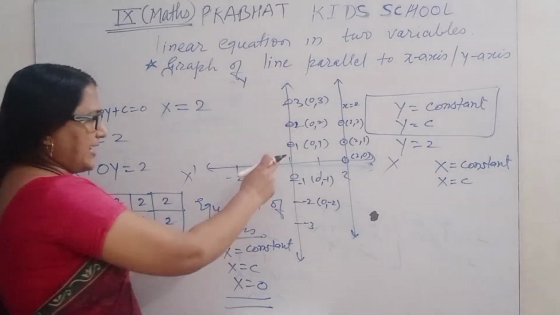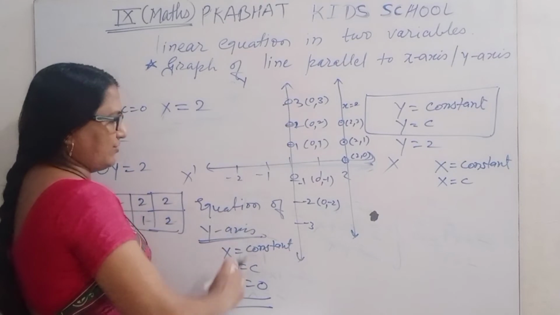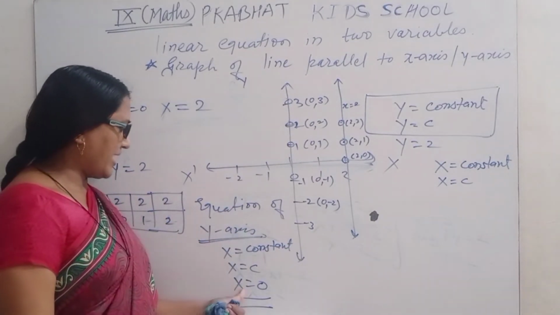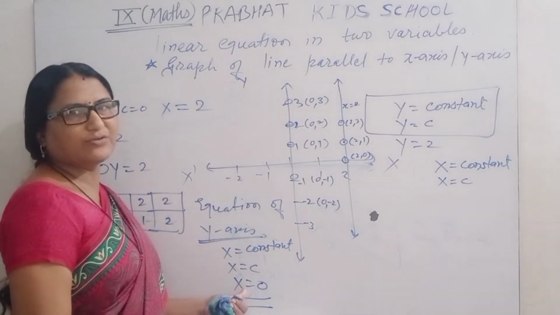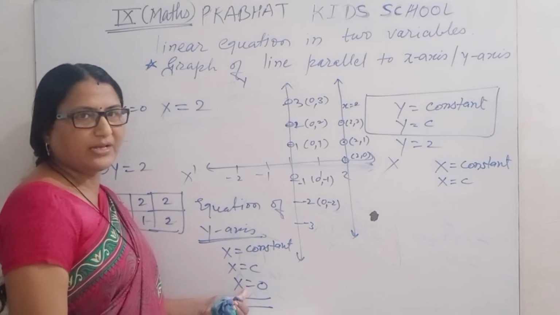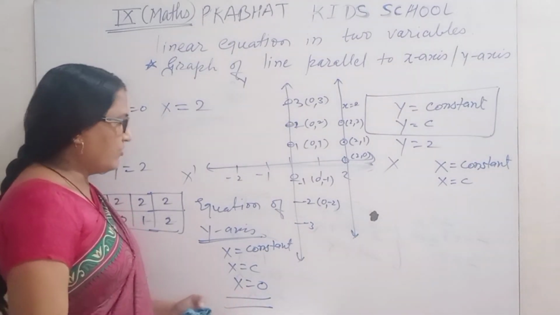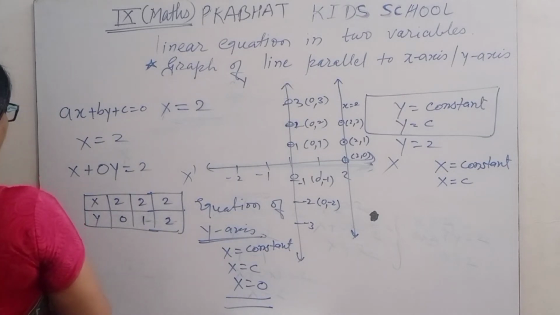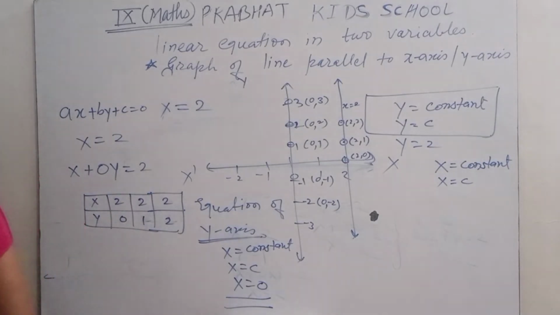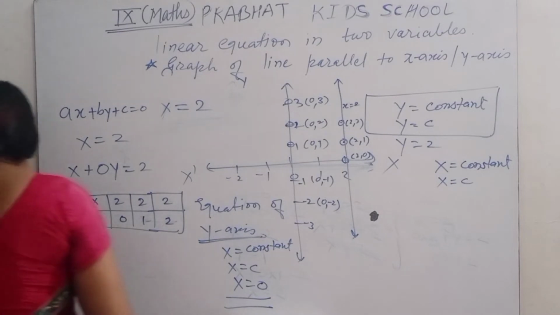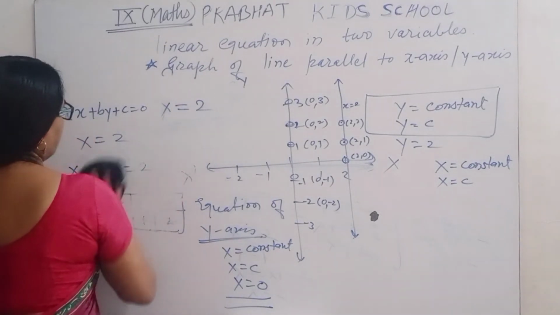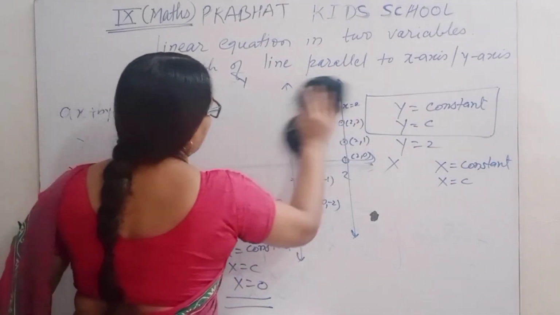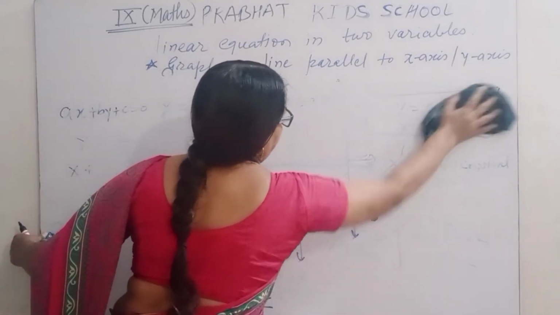And for the y-axis, c is 0. That is why the equation of the y-axis is x equal to 0. Clear? Understood everybody? Now we are taking one more example, and we are showing the geometrical representation as well as presentation on the Cartesian plane.